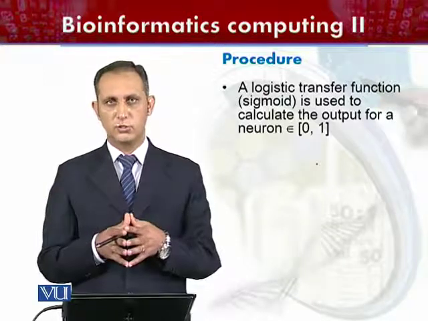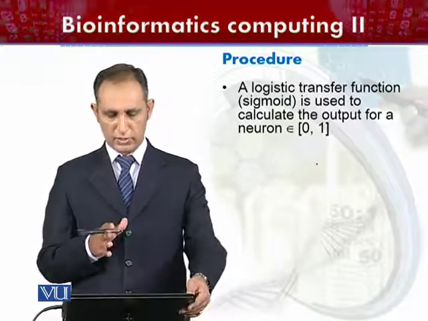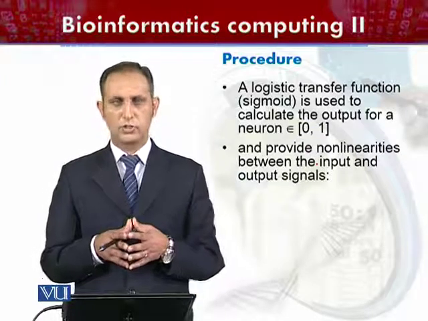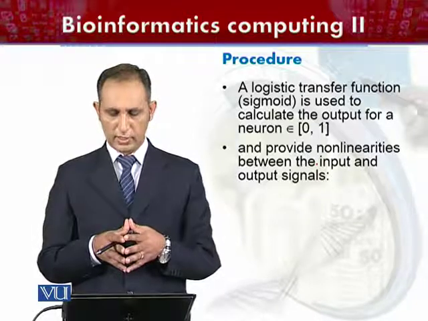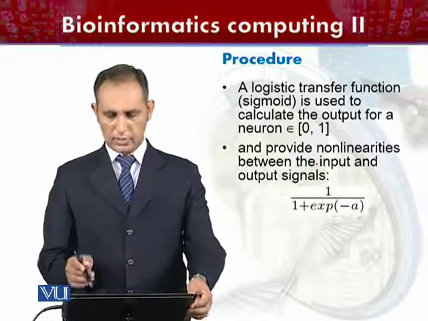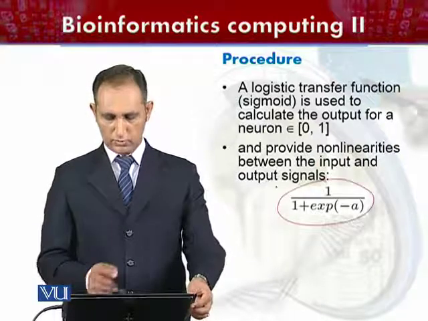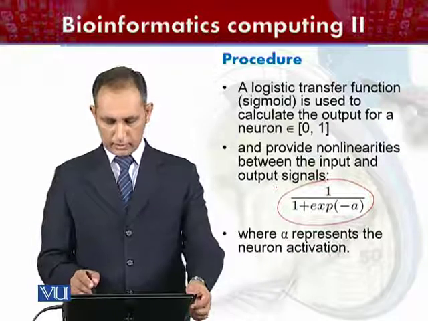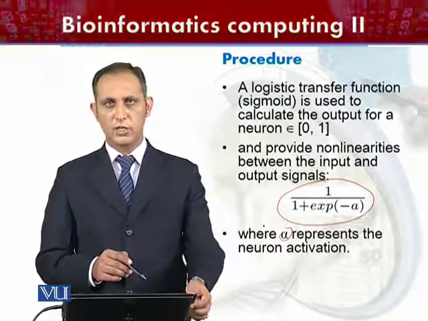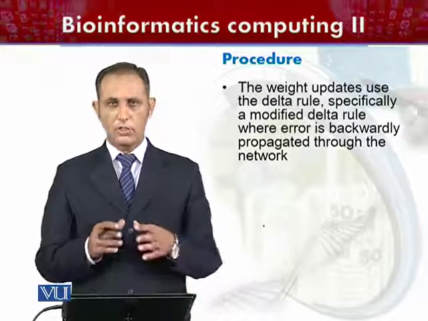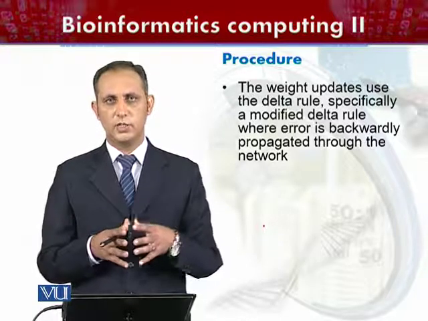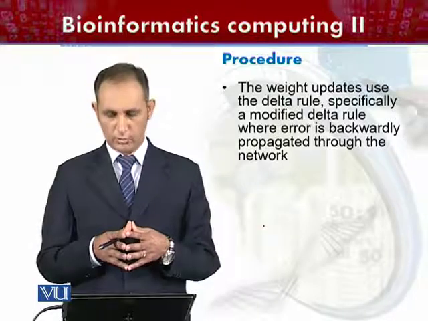This logistic transfer function, or sigmoid function, basically provides the nonlinearities between the input and the output signals on the basis of this specific equation, where alpha represents the neuron activation.